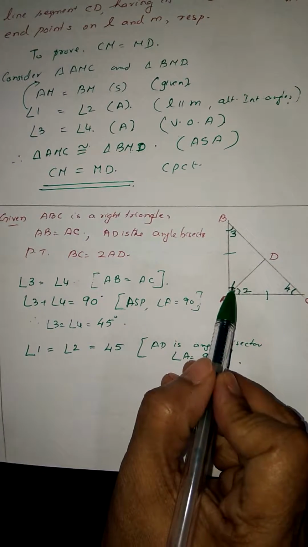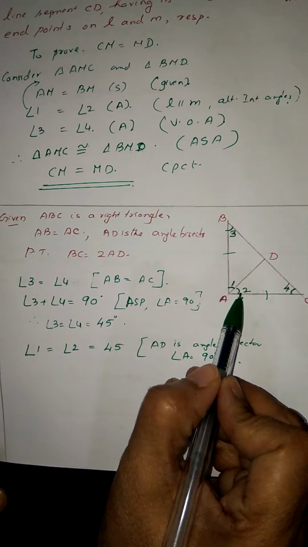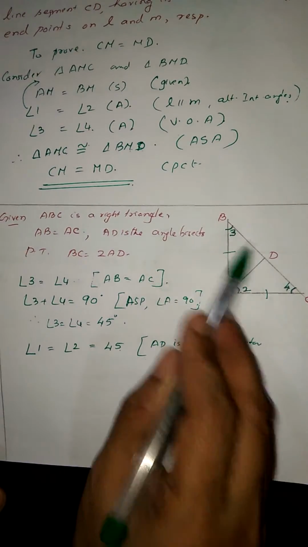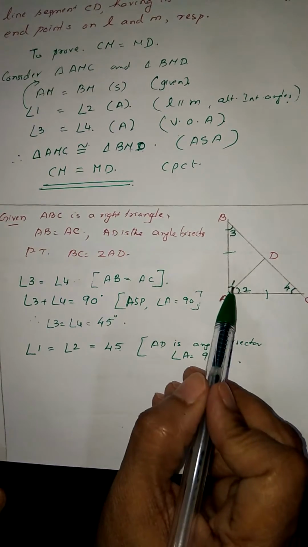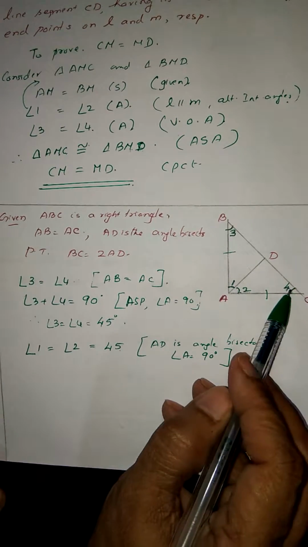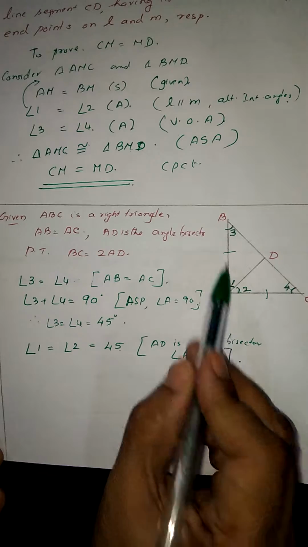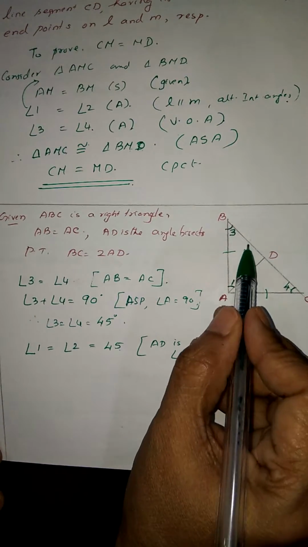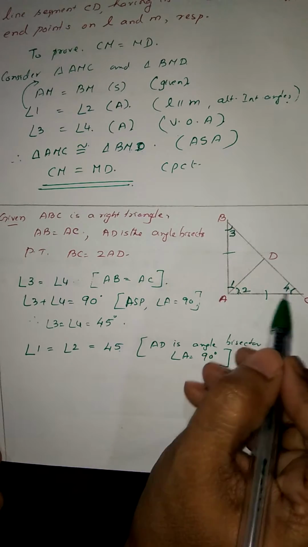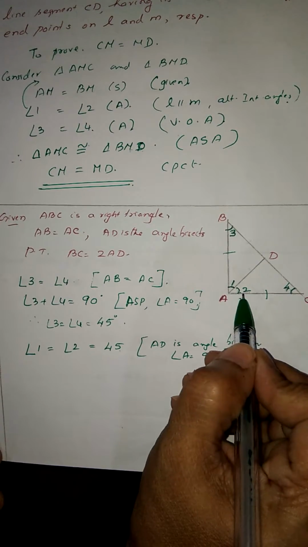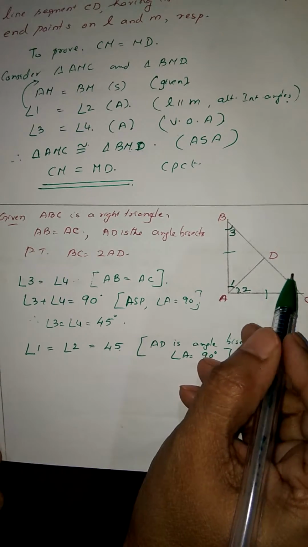So 1 is equal to 2, that is 45, and 3 equal to 4, that is also 45. That means all these angles are 45. If these two are 45, then these two sides are equal, and similarly angle 2 and angle 4 are 45 degrees, so these two are equal.